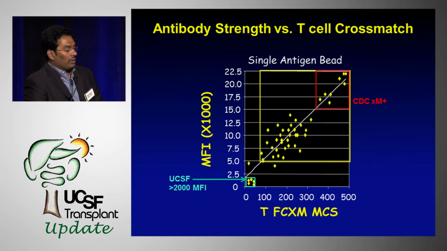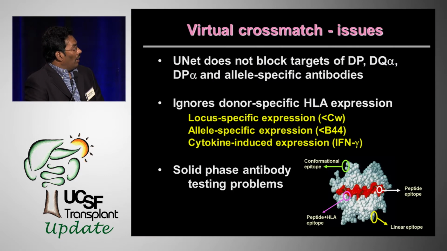But the problem is there are some allele-specific antibodies. If the patient has these unique antibodies like DP, DP alpha, DQ alphas, and allele-specific antibodies, UNOS has no option to block them. So we cannot block those antigens, and we will be getting the positive cross-match.